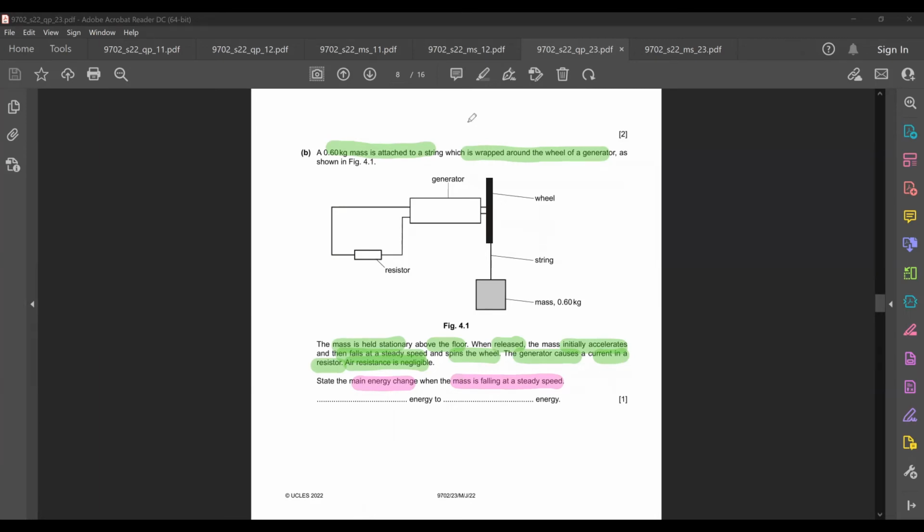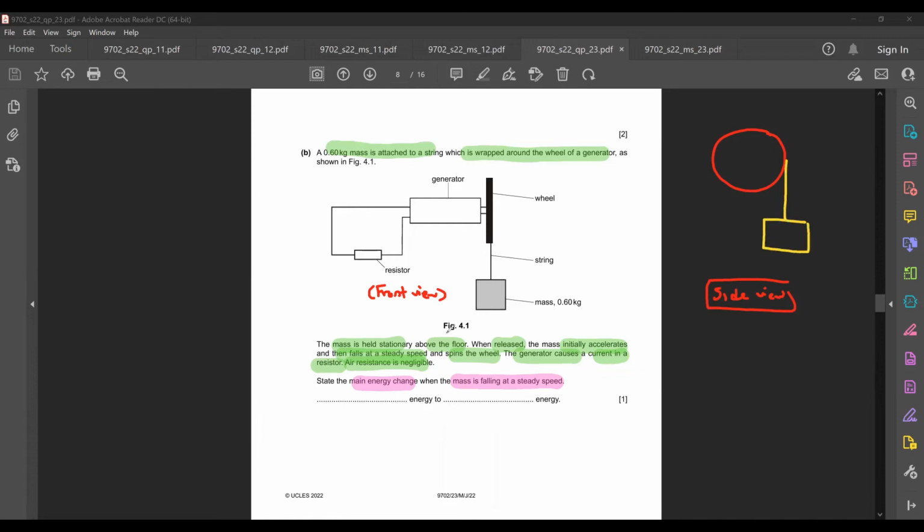Okay, so maybe it'll be better to view it from the side. Let's just assume that this is the front view. If I were to try and see it from the side view, this one will probably be my wheel. And this one is probably my string with the mass.